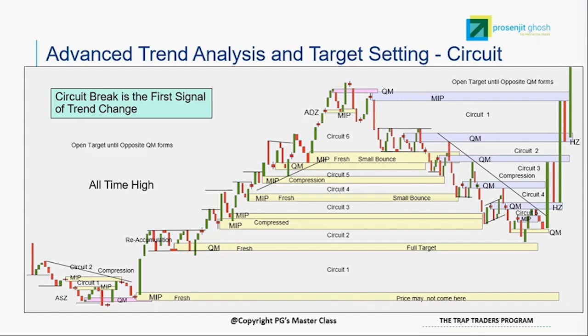It is not the reverse zone. It is the MIP which is going to tell us that yes, the trend has changed. Okay. So this is how the entire trend change happens, one after another. Price breaks the circuit and then the trend change happens.